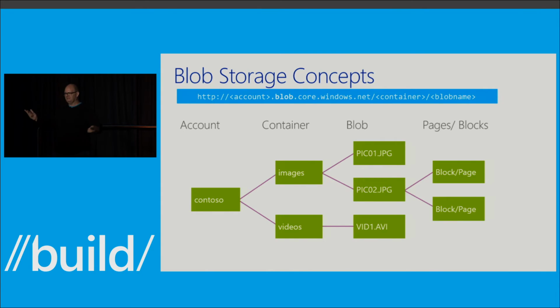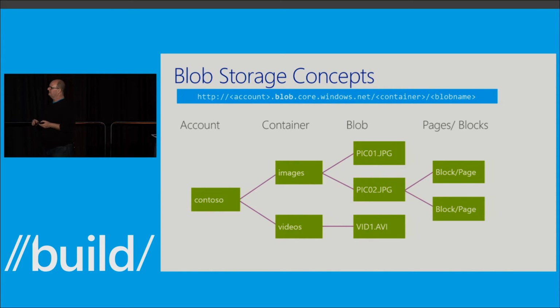The container is a directory, some could be private, some could be public, and some are secure, some are not. Then you have your blob storage, which is the actual files that you're storing in the container. And then you have pages and blocks. Pages and blocks are optimized. Pages are optimized for read, and blocks are optimized for read-write, as far as I know. I think that's what it is.